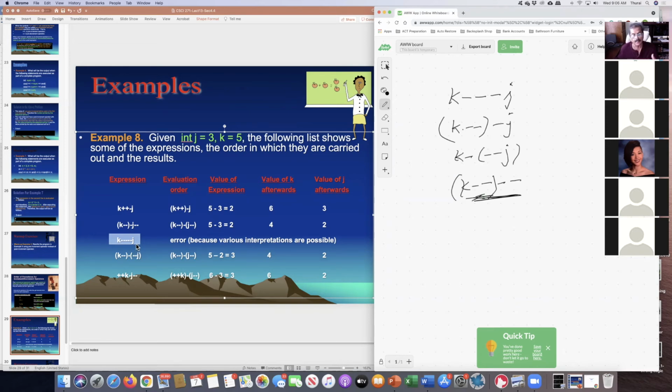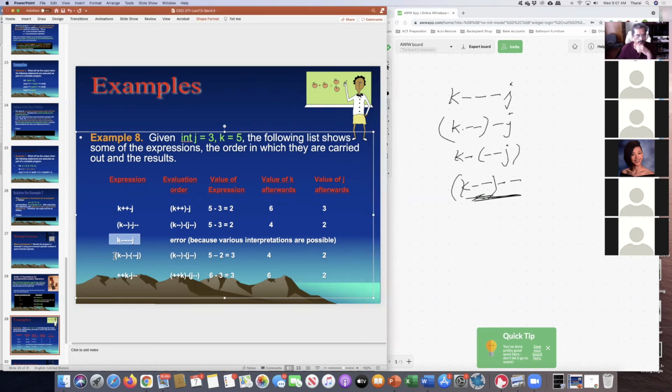So when there is no one meaning, it'll be an error. You can ask yourself, can I understand this? What is this expression? What does it mean? If you cannot figure out what it means, it's the same thing with the compiler. It will reject it. If you need, put parentheses like this, now it's clear.